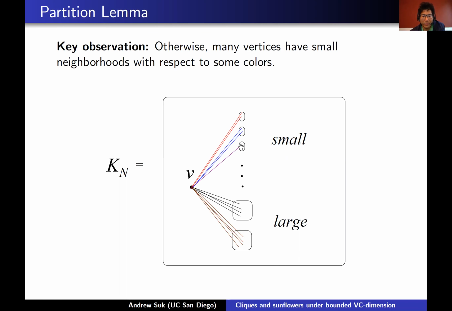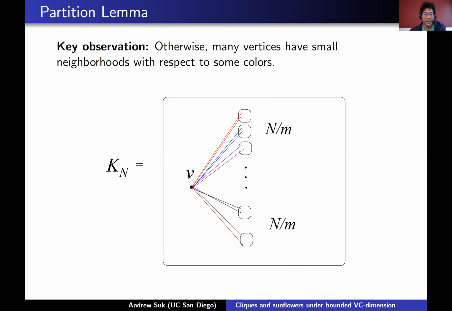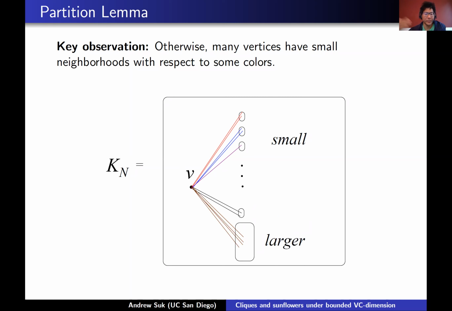In the technical analysis, you get rid of these edges, and then you just take these large neighborhoods, so your set system becomes smaller. There are fewer sets, and when you have a smaller set system, the partition lemma becomes stronger. Then you do it again, and you're in a better situation because you have fewer neighborhoods to worry about. After you iterate again, you have an even smaller set system, and therefore a stronger partition theorem, et cetera, et cetera.